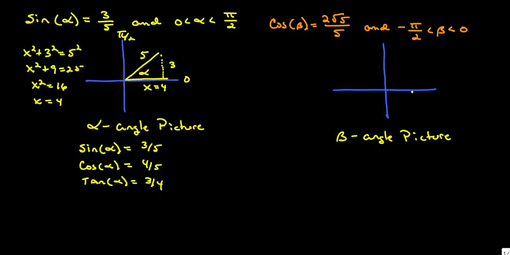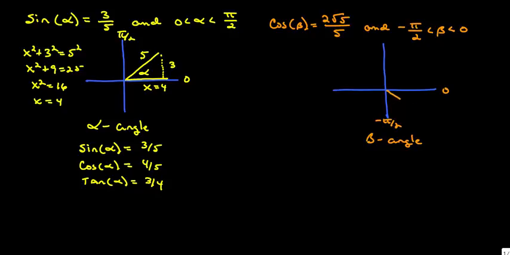The picture over here is for the beta angle. So this angle is between negative pi over 2 and 0.